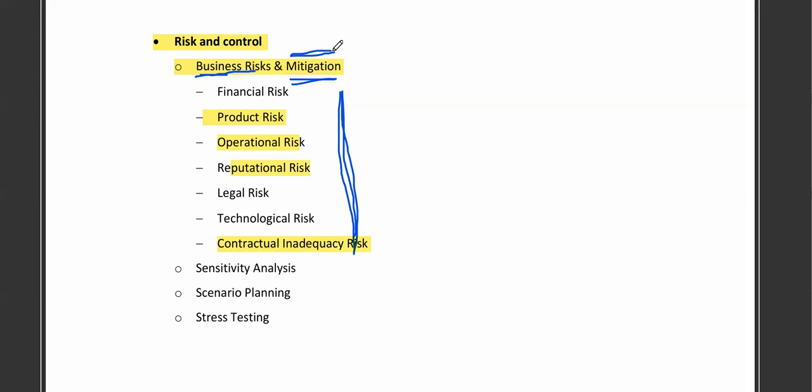So please make sure you have a sound understanding of the different types of risks and how they could relate to Ressett. So don't go with pre-prepared answers. Based on the given scenario, read and come up with an appropriate explanation.